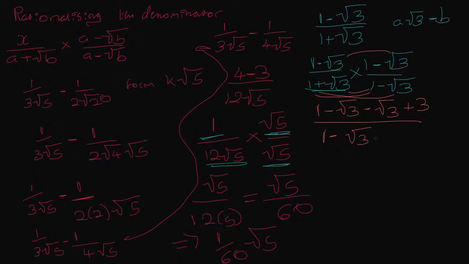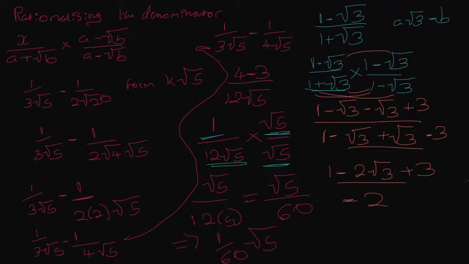Square root of 3 by 1 would be plus square root of 3. And square root of 3 by minus square root of 3 would be minus 3. So these two would cancel out. So we have 1 minus 2 square root of 3 plus 3 over 1 minus 3, which would be minus 2. Okay.